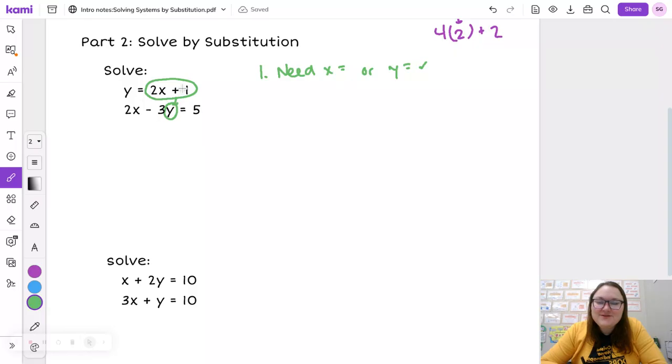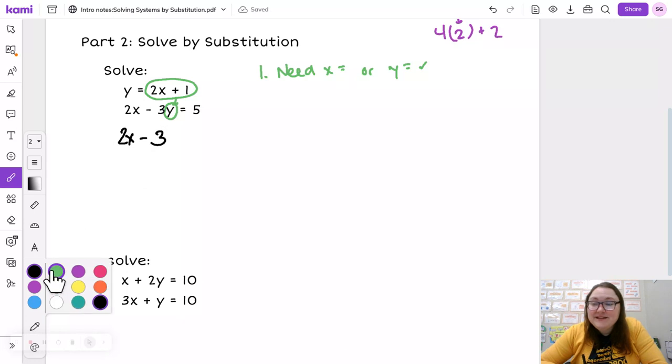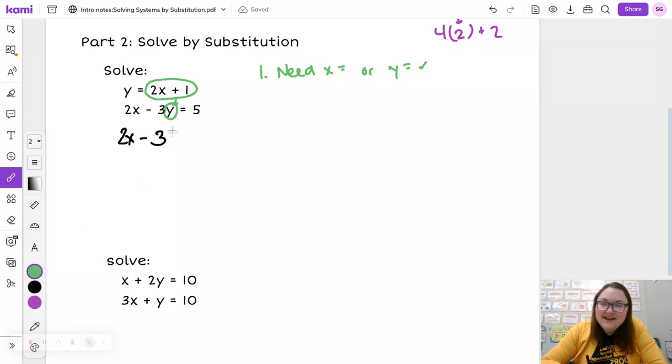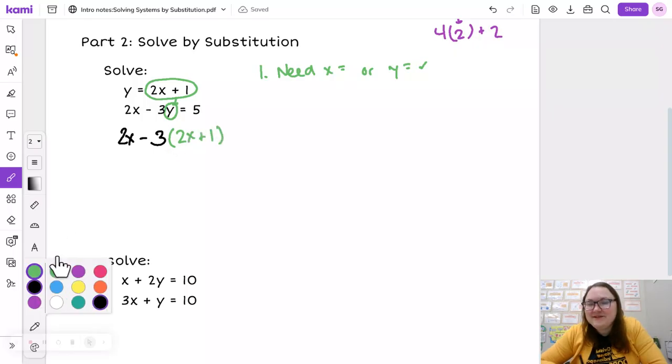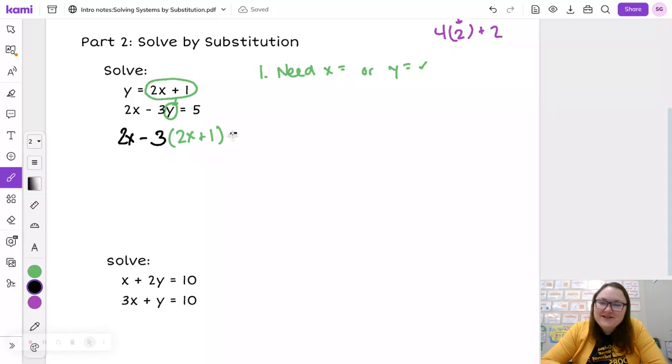So I'm going to be putting 2x plus 1 in place of y right there. And so when I substitute, my new equation says 2x minus 3, because the only thing I'm replacing is y, and then that y changes to 2x plus 1, and I'm going to make sure I have parentheses around that. And then the rest of my equation equals 5.